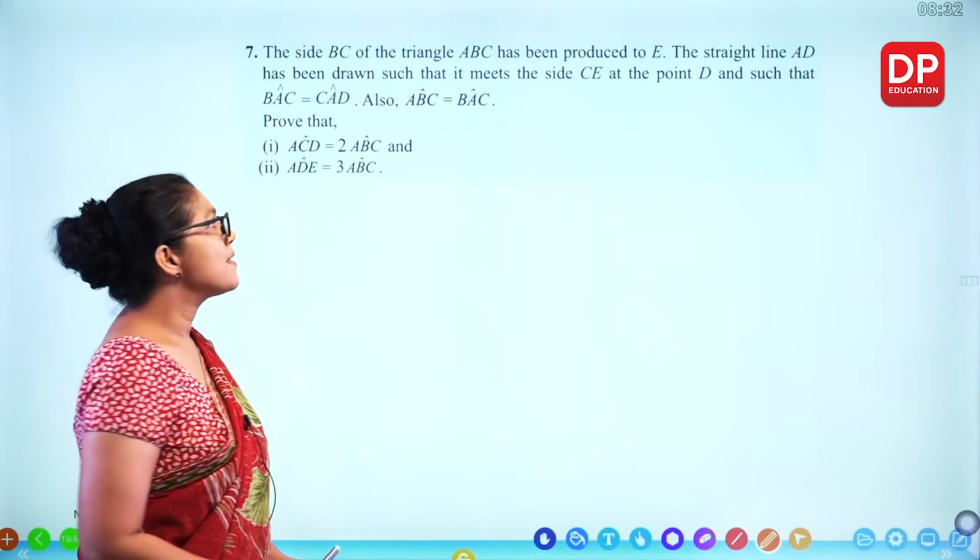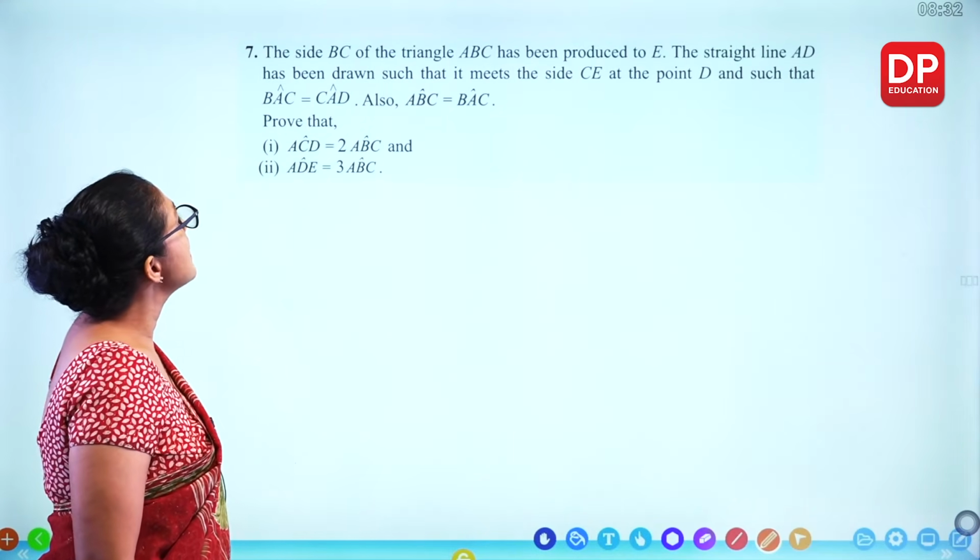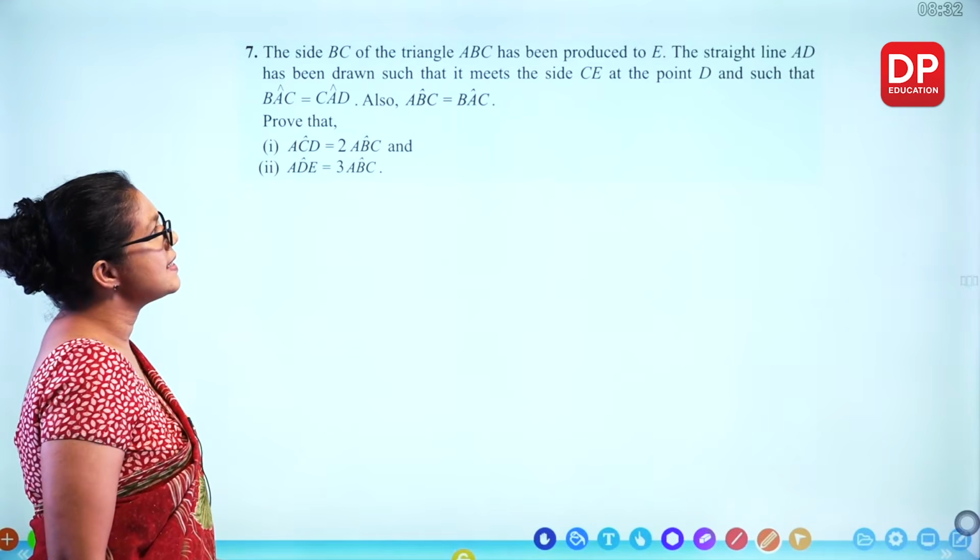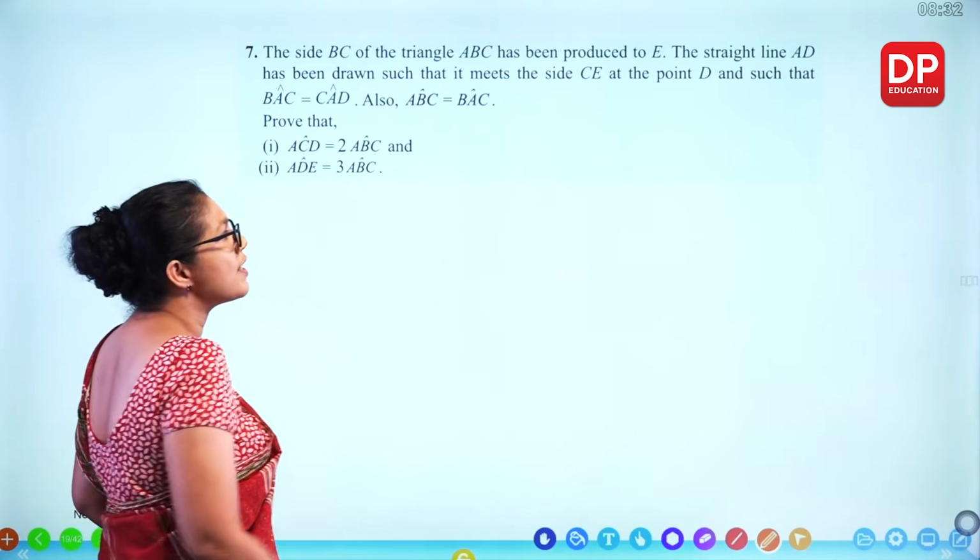Now we'll look at question number 7. In question number 7, it says the side BC of the triangle ABC has been produced to E. So we'll try to draw a diagram.